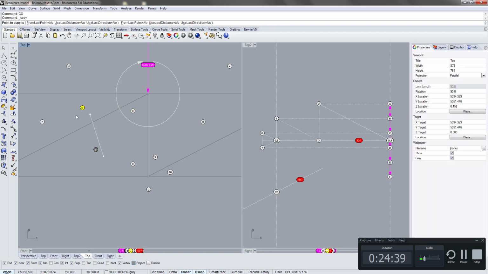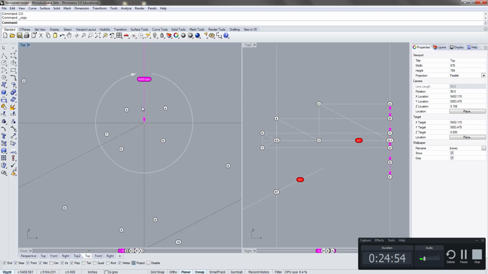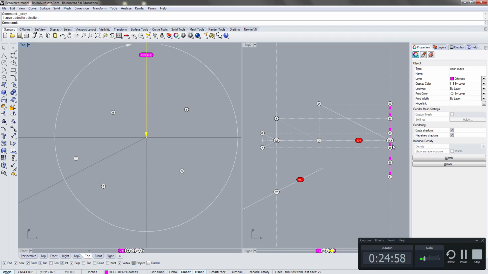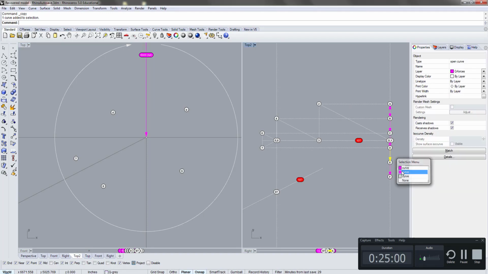So that's zone 8, zone 7, zone D, zone E, zone 9. So zooming in, DE we've already located, which is this.